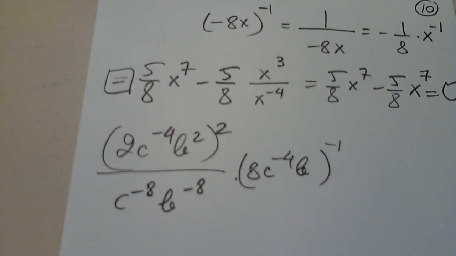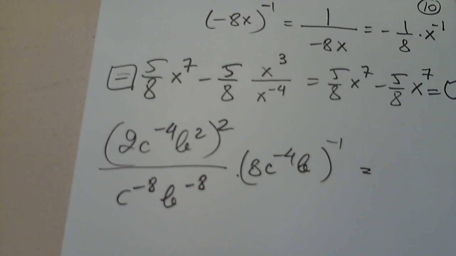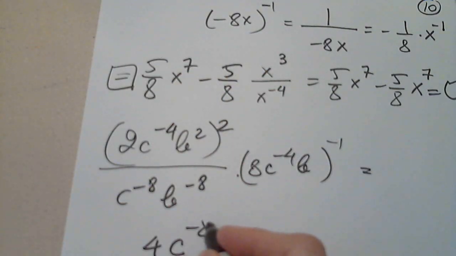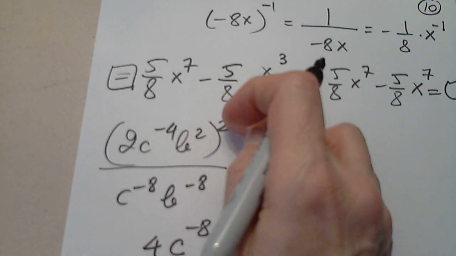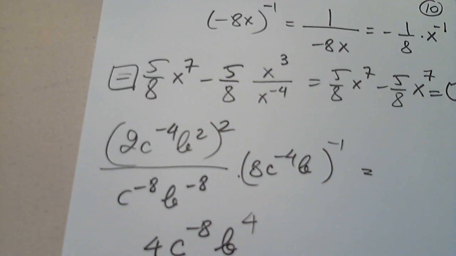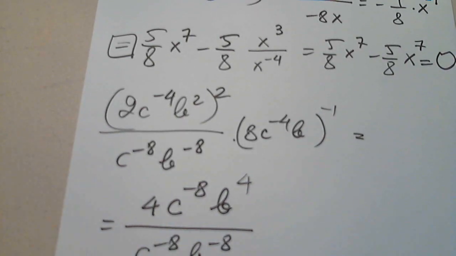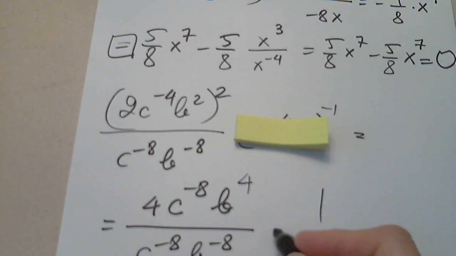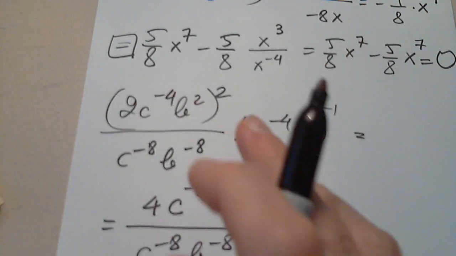So, slowly but surely, 2 squared. Copy the base, multiply the exponents. Copy the base, multiply the exponents. I have an expression to negative 1. 1 over the expression to power 1.